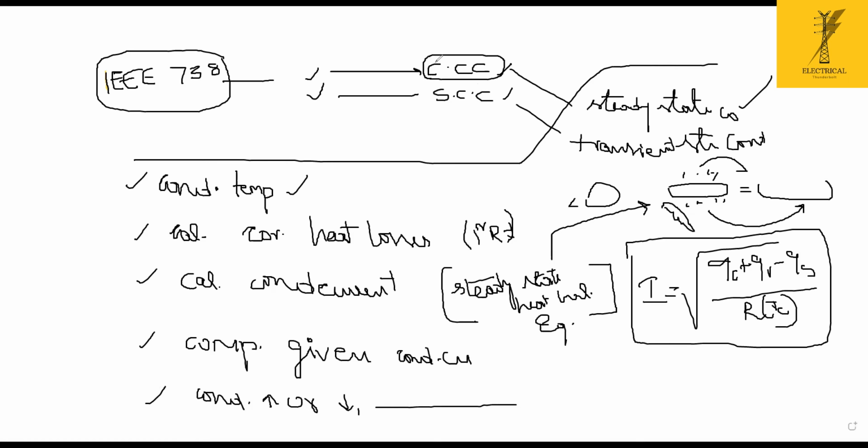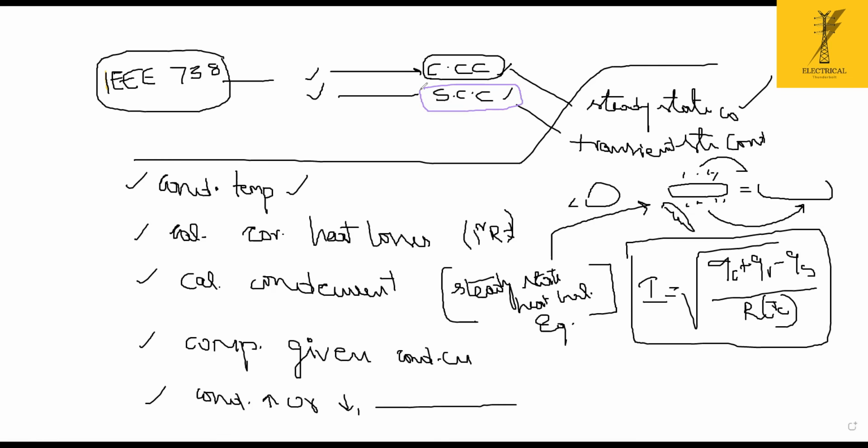The second approach is the short circuit calculation, which we already discussed in our first classes. For every voltage there are standard short circuit ratings: for 33 kV, 25 kiloamps or 31.5 kiloamps, and for 220 kV, 40 kiloamps.